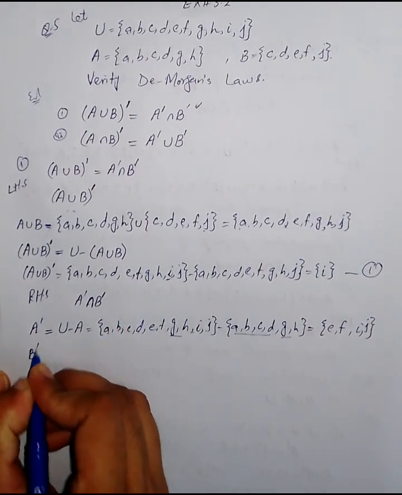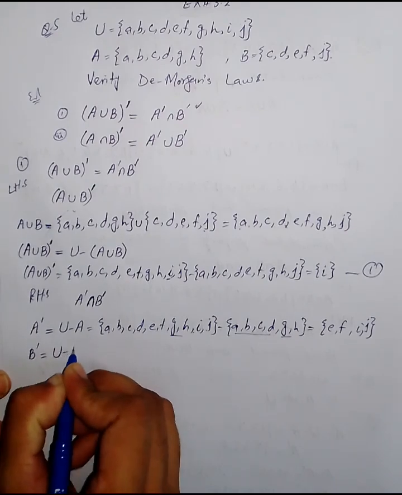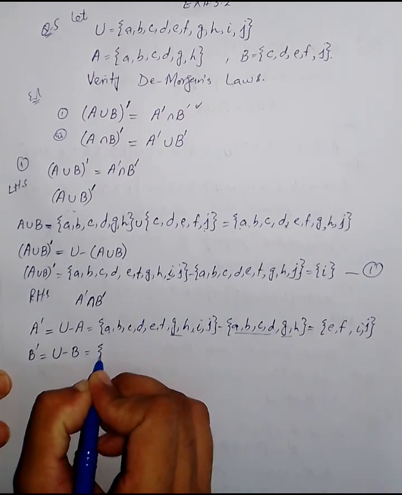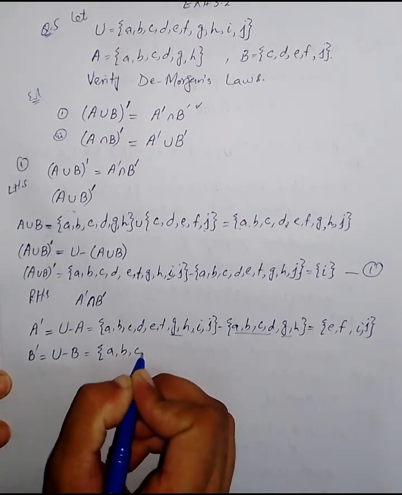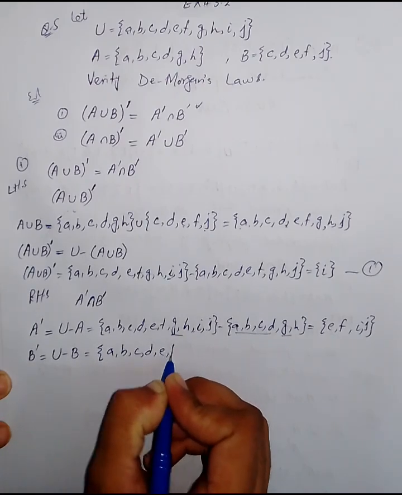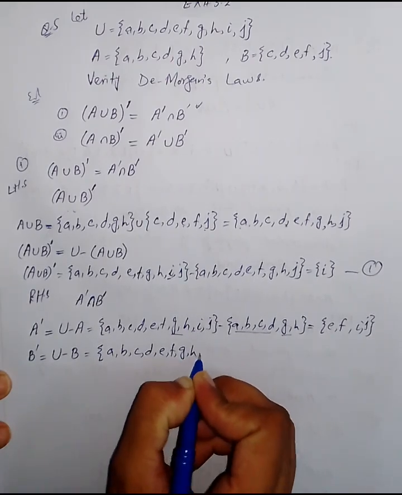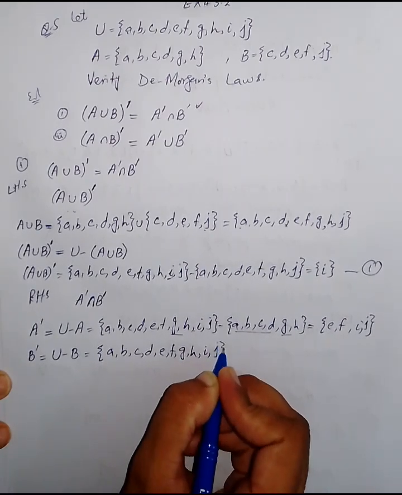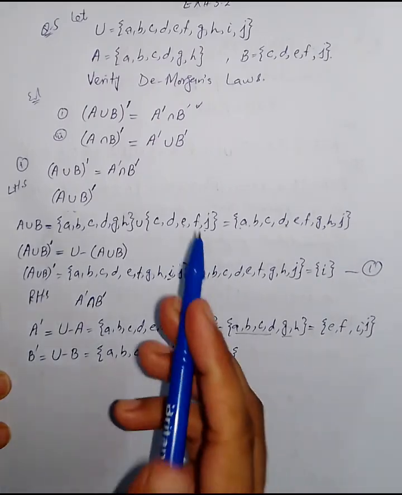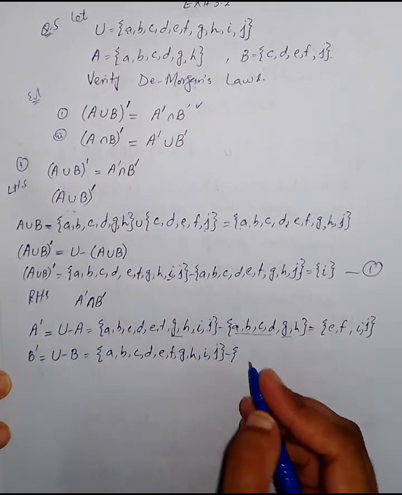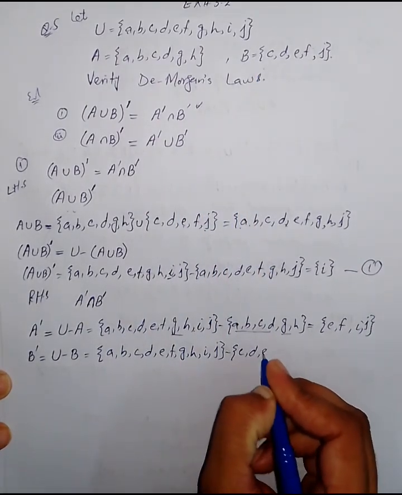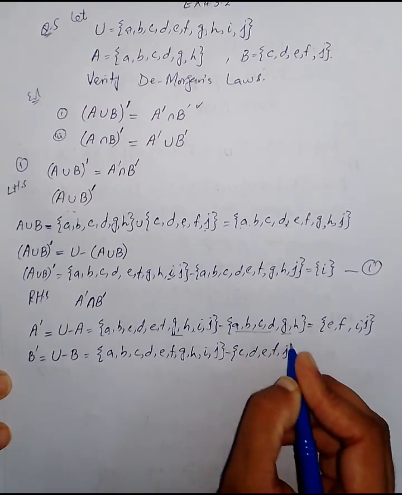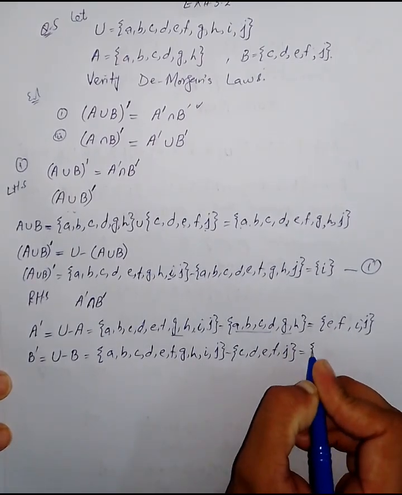Now similarly the complement of B. U difference B. What is U? A, B, C, D, E, F, G, H, I, J. And what's B set? C, D, E, F, J. Take their difference.